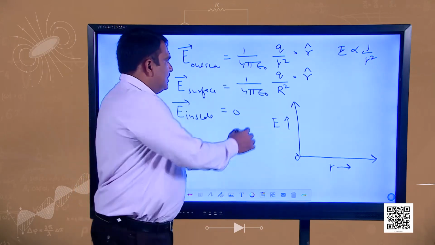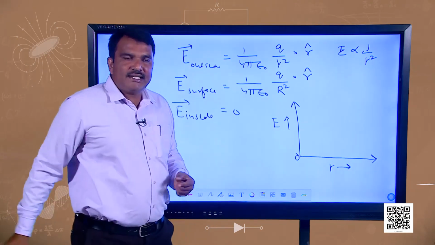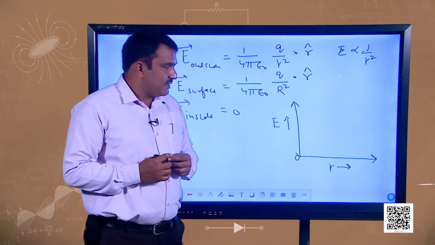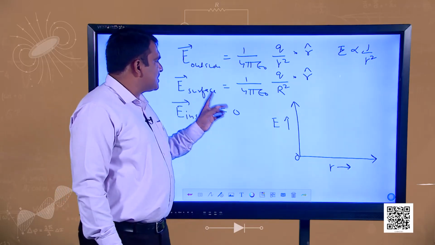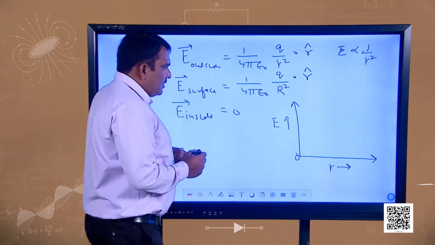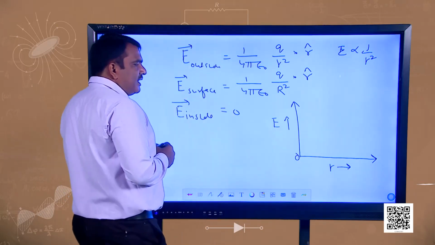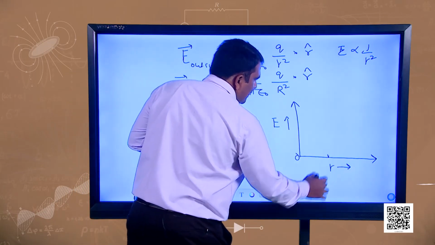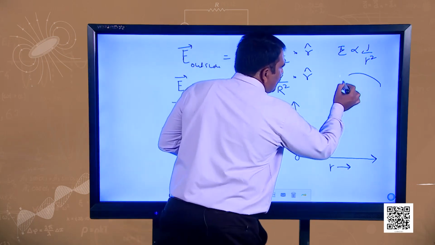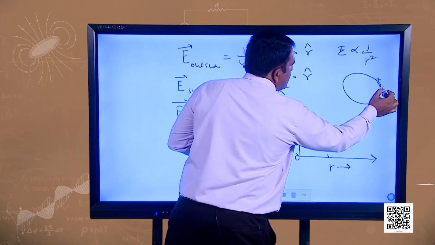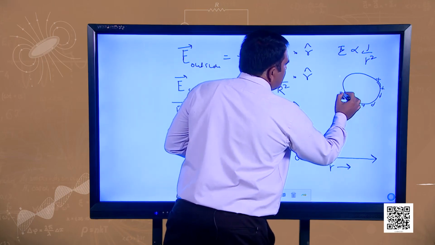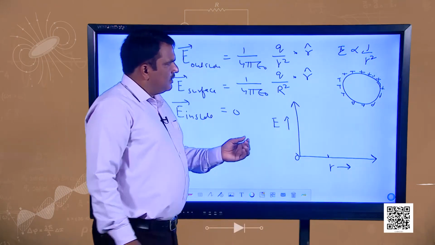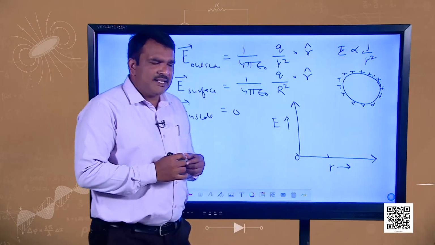As you know, 1 by 4 pi epsilon naught is constant, charge is constant, and the radius of the sphere is also constant, and electric field inside the cell is 0. That is, starting from the center of the cell up to the surface of this cell, for all points which are lying within the cell, electric field is 0.